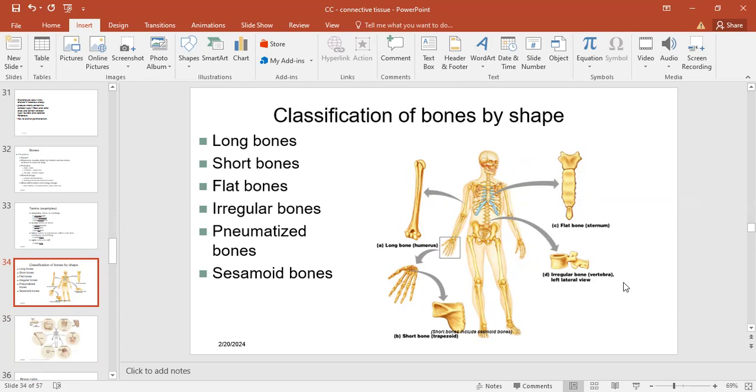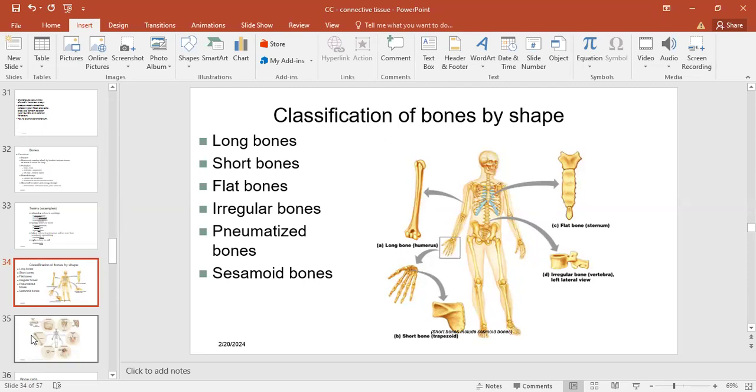Then we have irregular bones, such as the vertebral bones.